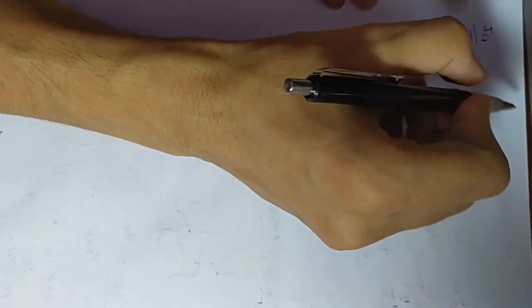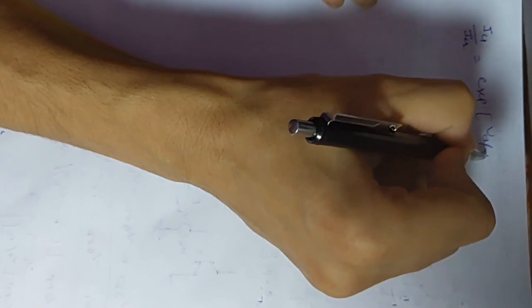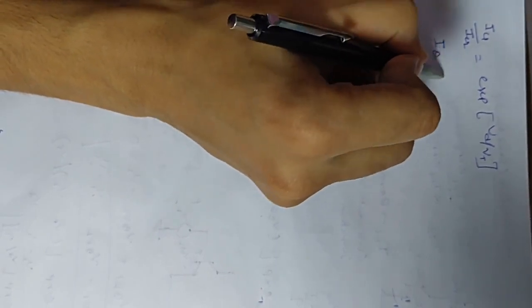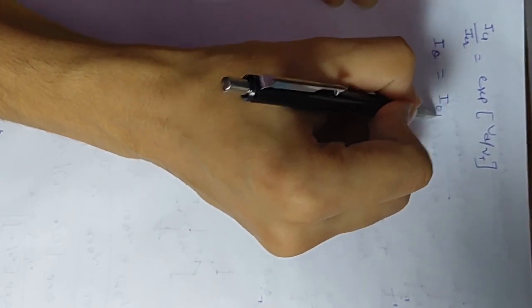So I will rewrite this expression: IC1 by IC2 equals e to the power Vd by Vt. Now we know that total current IQ is equal to the sum of the emitter currents.